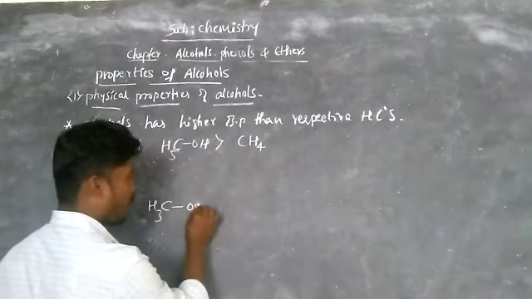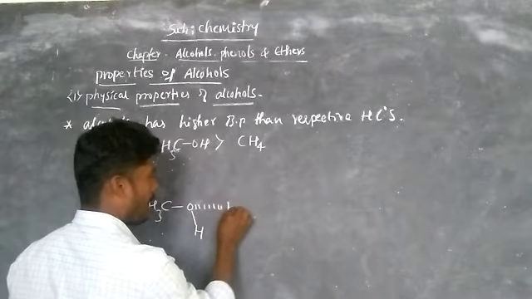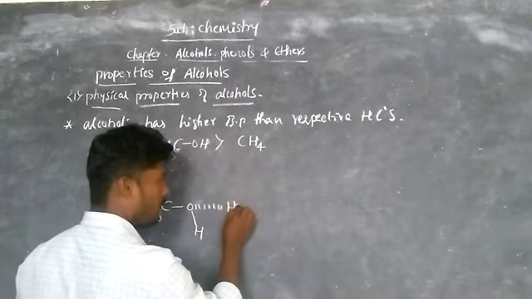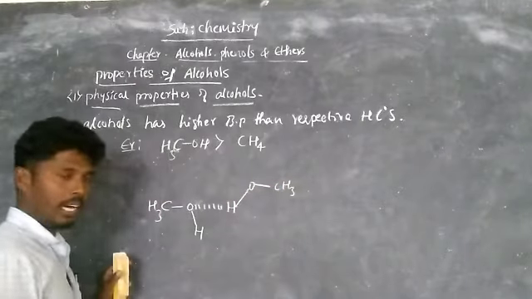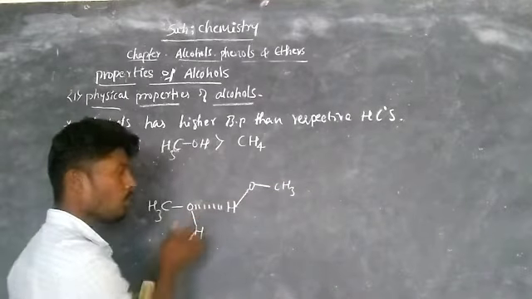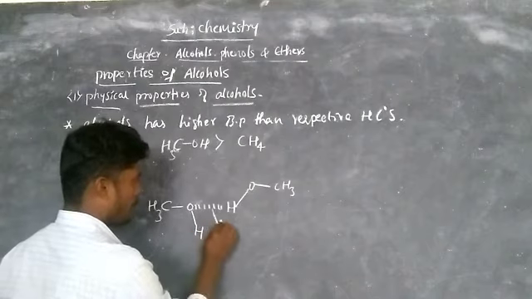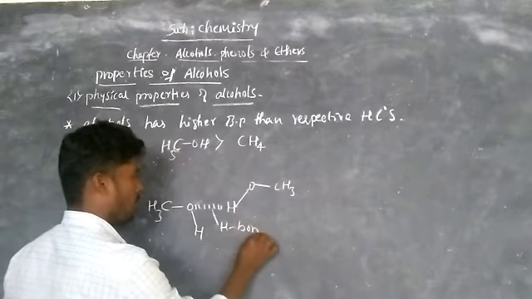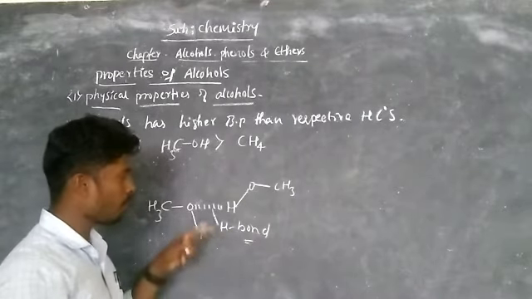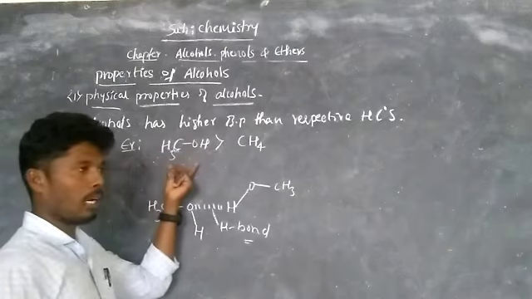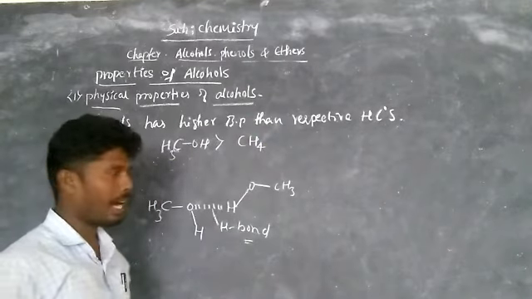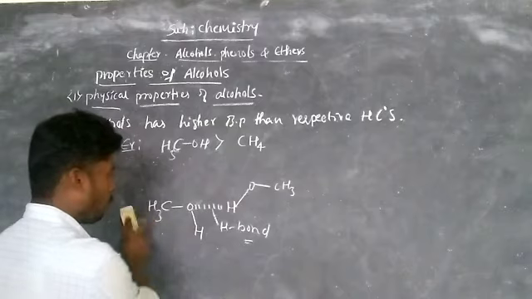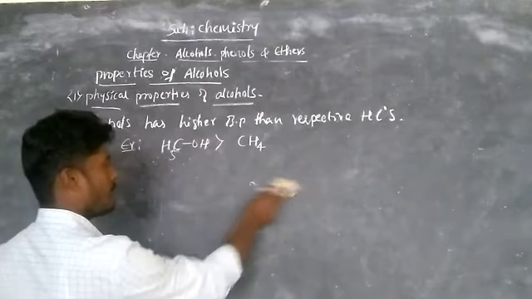Now this hydrogen forms a bond with the oxygen of another methanol molecule like that. Like this, a weak hydrogen bond is formed between hydrogen and oxygen. This is called hydrogen bond. Due to the presence of this kind of bond, alcohols have a high boiling point than respective hydrocarbons. Okay, I hope you understand. This is the first physical property.